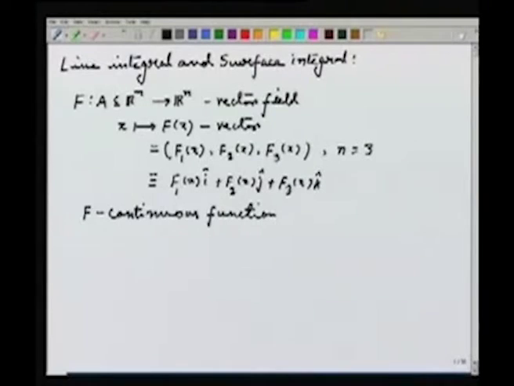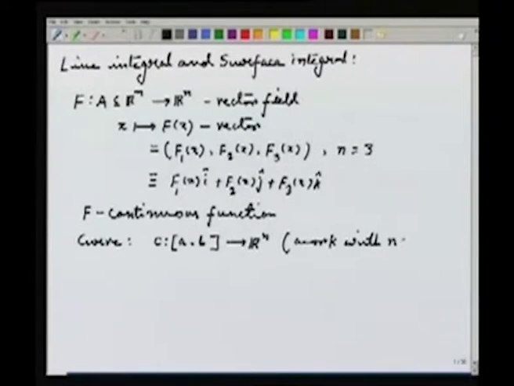Okay. Now suppose I have a curve. What do we mean by a curve? Well, it's a map C defined on some closed interval [a,b] to Rn. I will usually work with n equals 3, that is a space curve.